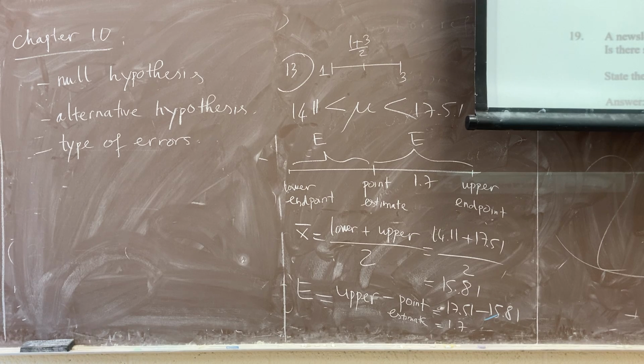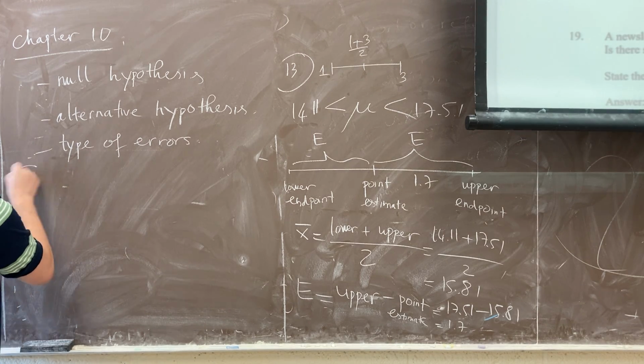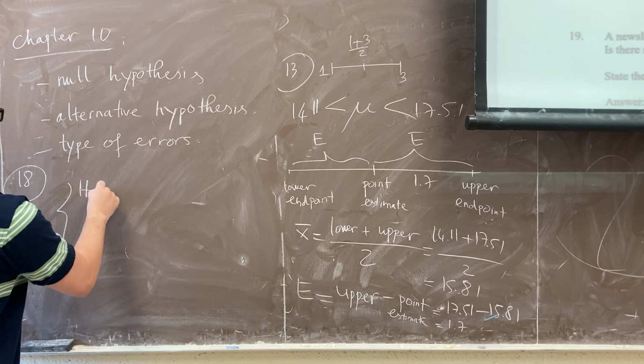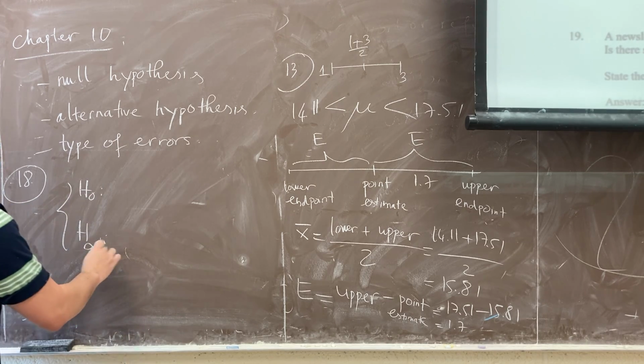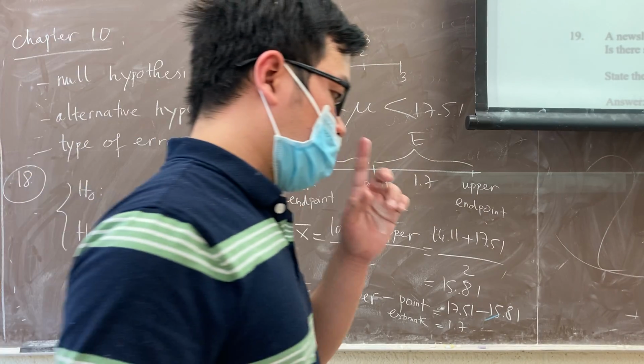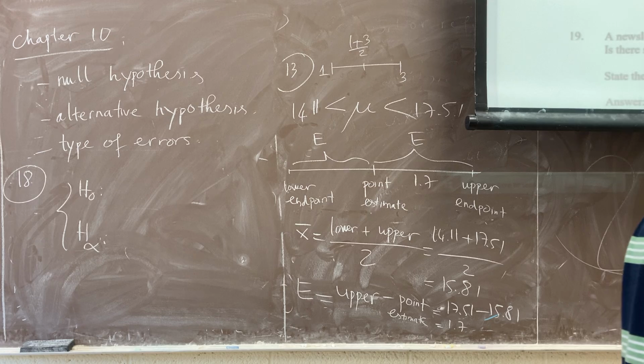Okay, we move on to the first question in this chapter. So you can look at question 18. In this question, they ask you to find the null hypothesis and the alternative hypothesis. The first thing we need to determine is which kind of hypothesis they ask about, proportion or mean.